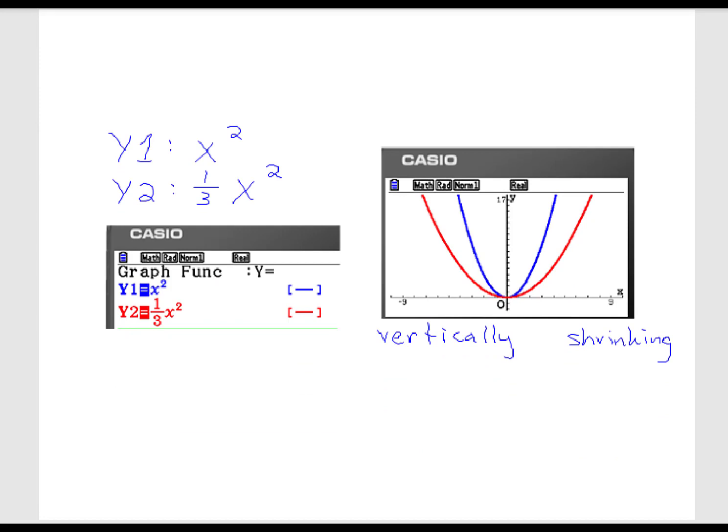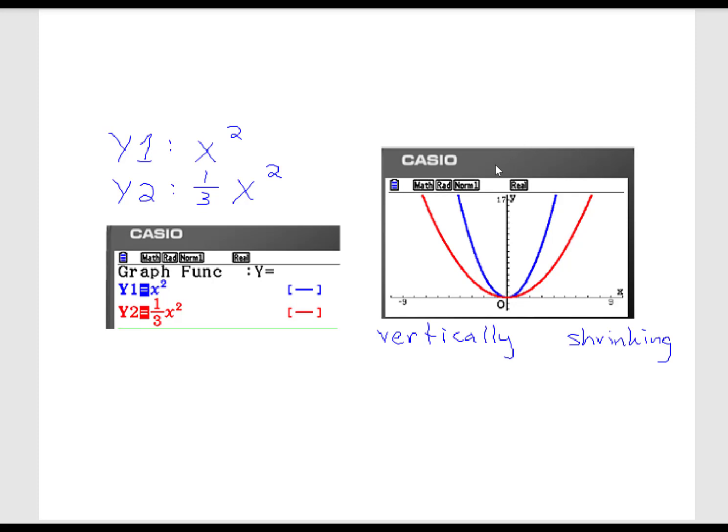So in the other example, we said that we would have a coefficient that's a value less than 1. And let's say between 0 and 1, so not taking into consideration negative values. So this 1/3 would be a value between 0 and 1.